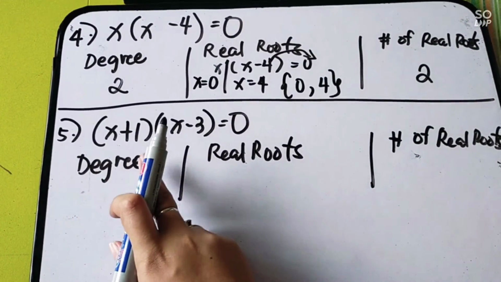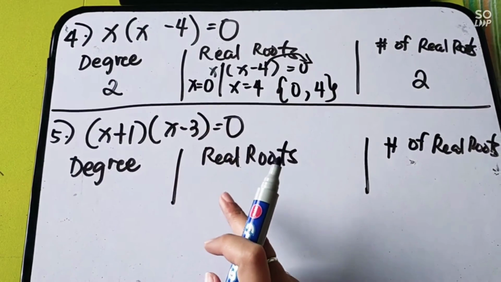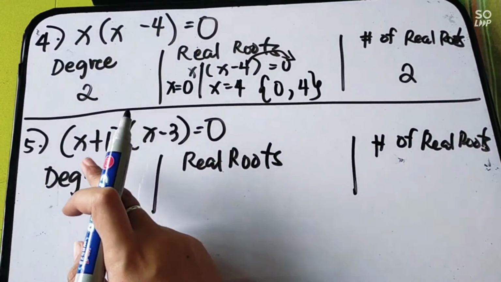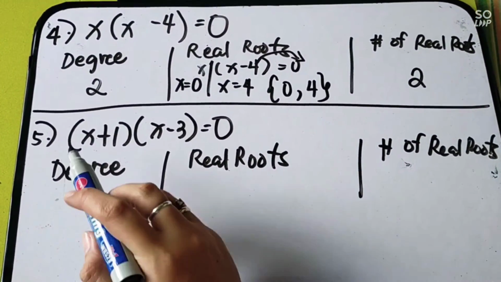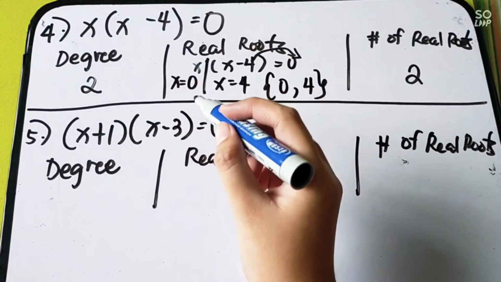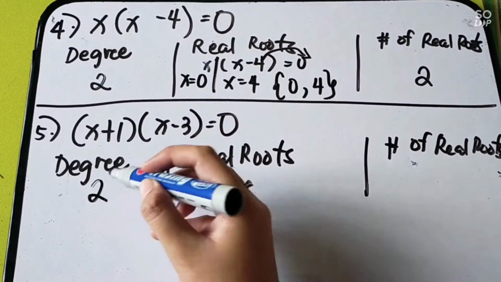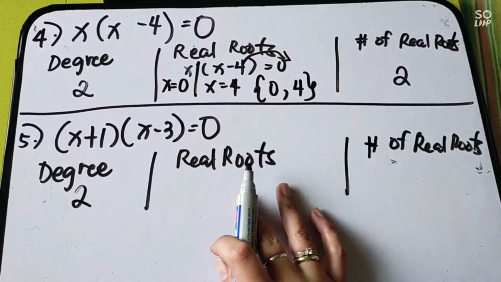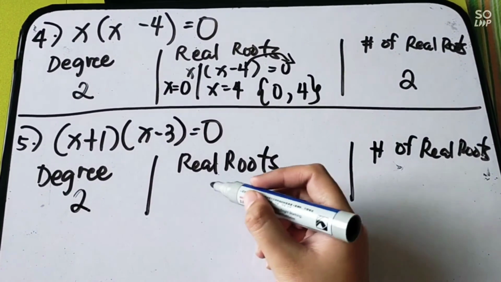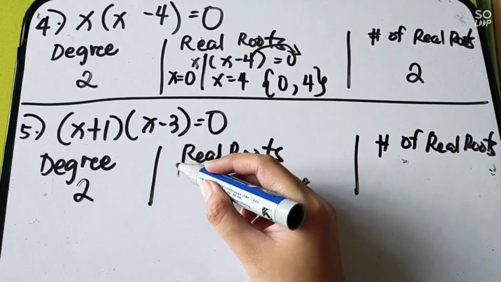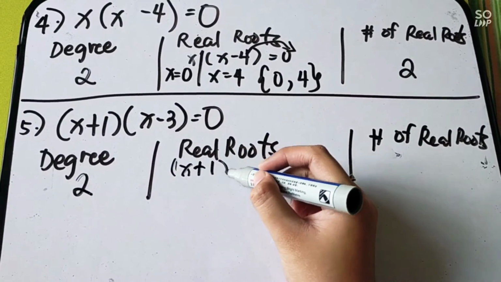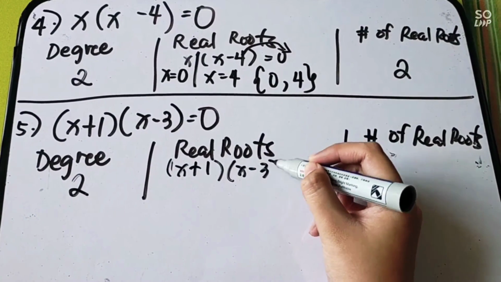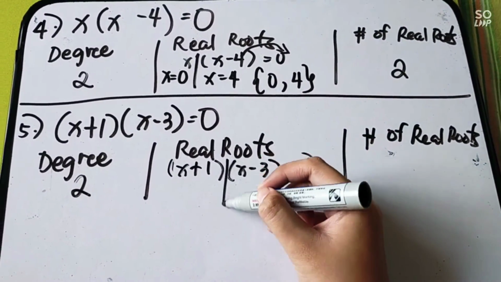Next, x plus 1 times x minus 3. So, multiply again. So, we have here, x times x, we have x squared. So, the degree here is 2. So, the real roots ay dapat daw ay dalawa rin. So, we have here x plus 1 times x minus 3 equals to 0. Separate.